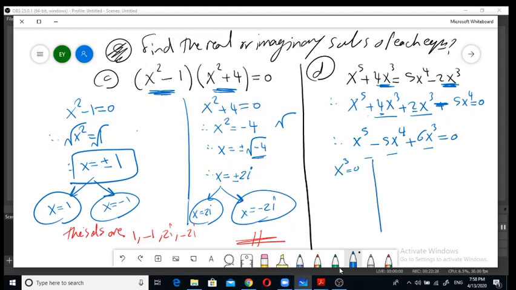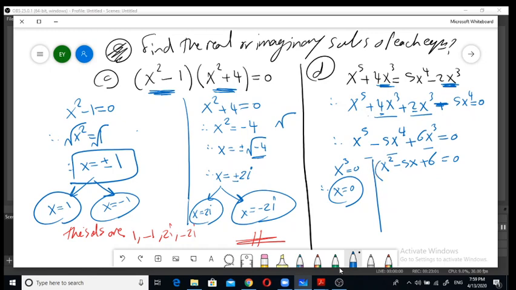Then we have x squared minus 5x plus 6. x to the power 5 divided by x cubed will be x squared, negative 5x to the power 4 divided by x cubed will be negative 5x, and 6x cubed divided by x cubed will give us 6, equal to 0. Then x is equal to 0, the first solution.